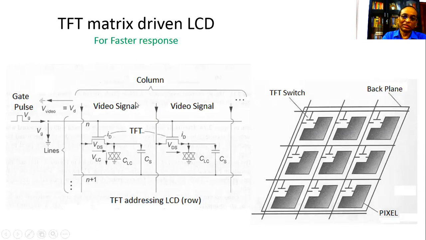There will be a matrix like this, column wise and row wise. So the video signal is fed as shown in the figure, and the TFT addresses the LCD row. This is the CLC, the capacitance of the LCD display, and CS is the capacitor physically developed in the matrix.